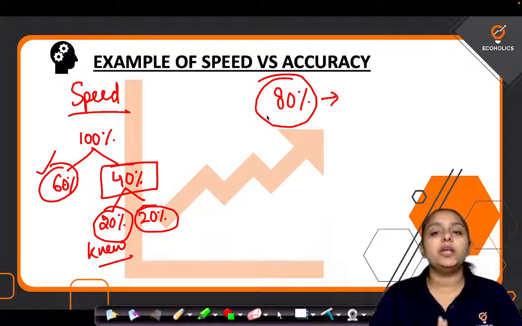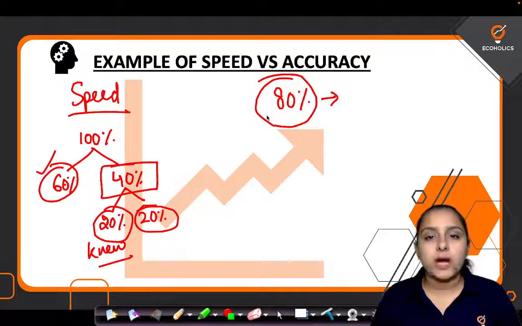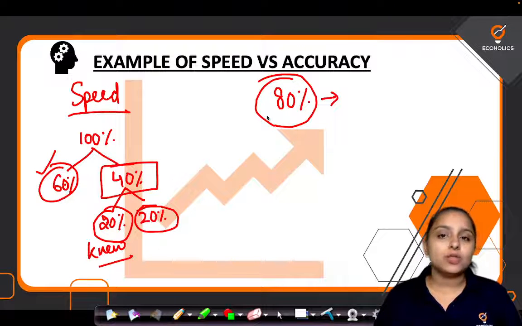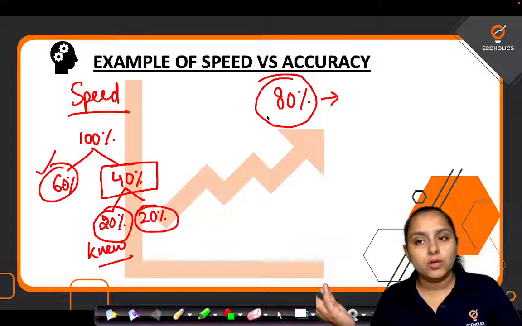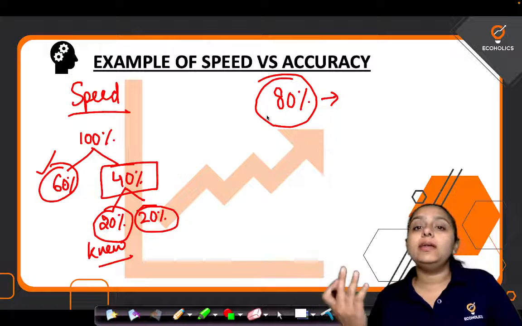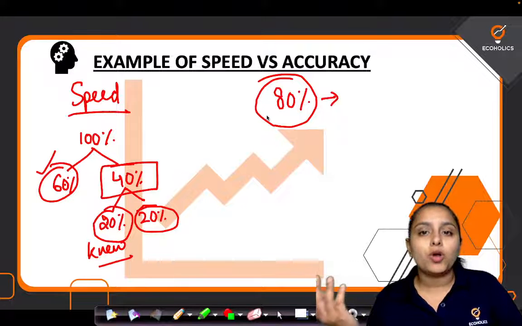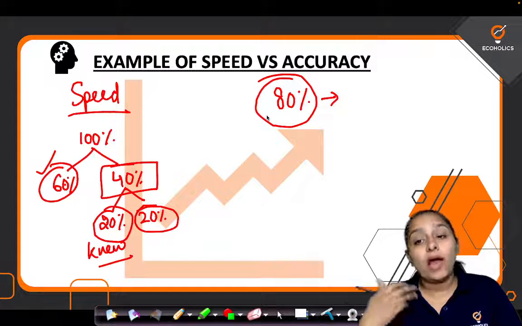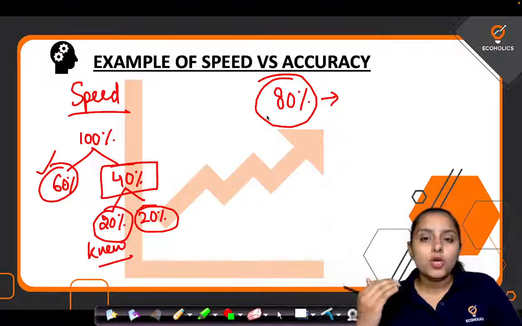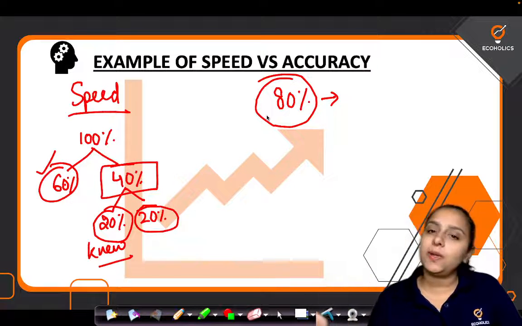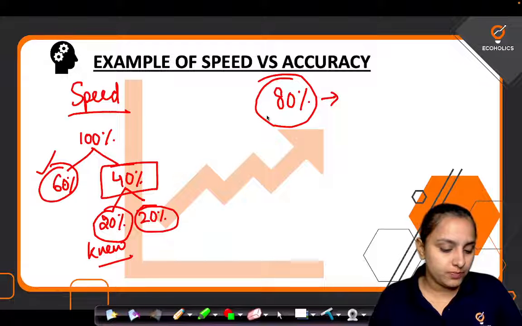If you have studied well, if you have practiced past years and mock tests, in that case you can go for 100 also. You might get 90% of the questions correct, because you already knew your stuff. You have practiced a lot of past years and a lot of mock tests. So it totally depends upon your preparation.